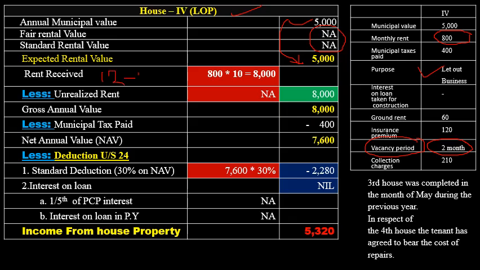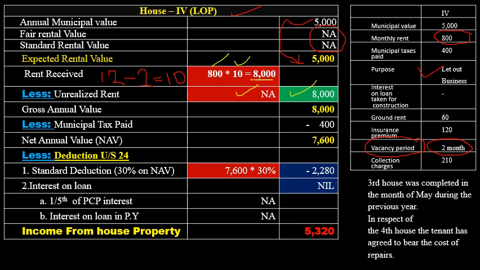So 800 monthly rent into 10 months. So total rent received is 800 into 10. Next, unrealized rent is not applicable. So after considering unrealized rent and vacancy period, the actual rent received is 8,000 for the previous year.